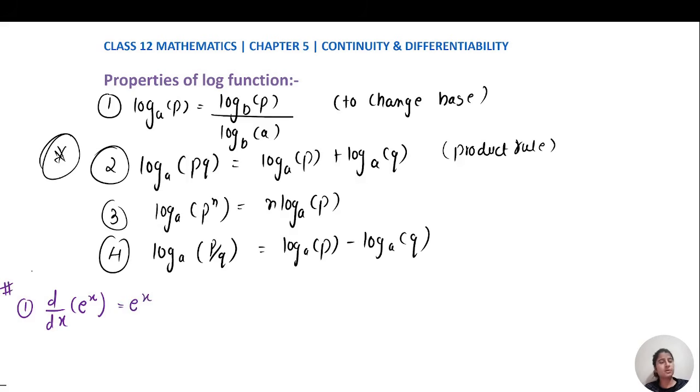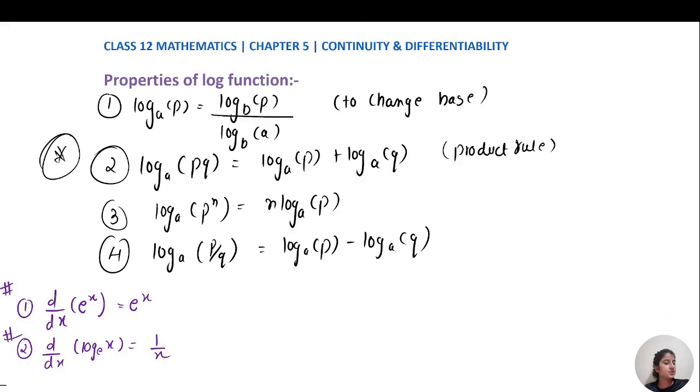Just remember this, because its derivative is not in your 12th class also, it will come in higher studies. So the derivative of e raised to x is nothing but e raised to x. Then the second one, the derivative of log with base e of x is nothing but 1 by x. This will also come in higher studies. So from here, what we get?